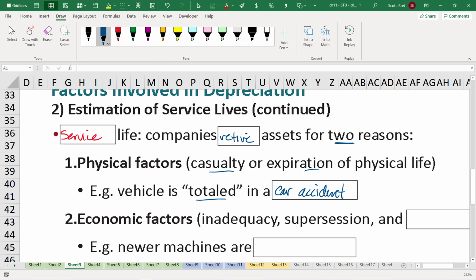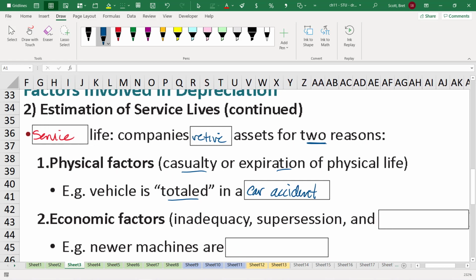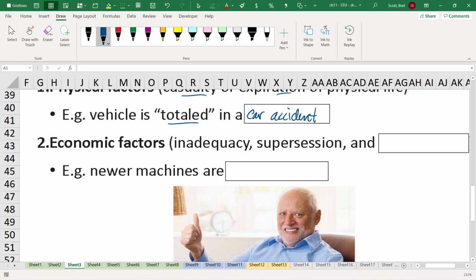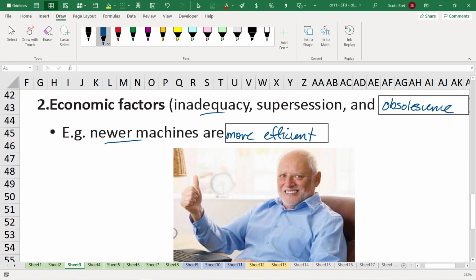Another reason we potentially retire an asset is because it's inadequate or obsolete. Obsolescence is another big one. There are newer machines out there that are more efficient and probably cheaper to operate because they use less electricity. I'm retired.